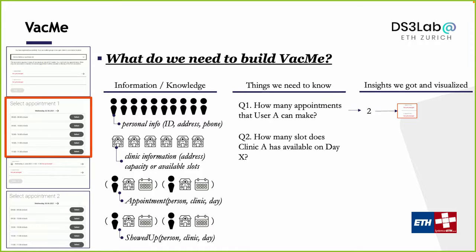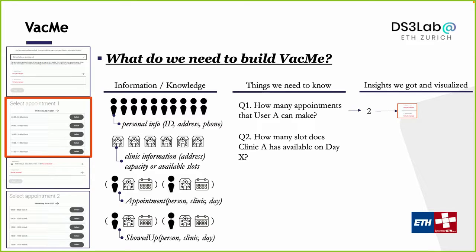what are the things you need? You need to know how many slots this clinic actually has available on a certain day. This is one question you want to ask. So how can you do that?